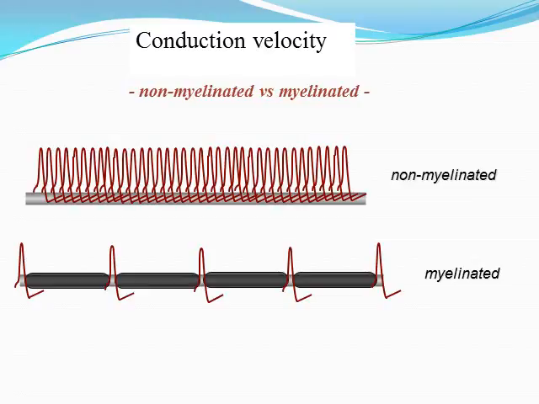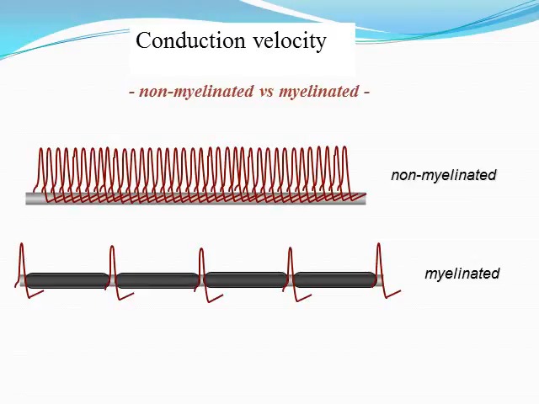I like this diagram because it shows how action potentials would appear, in the way that we are used to looking at them, in a non-myelinated versus myelinated axon. I think it is a very good representation of how you save time and energy, because you're not having gates open as much with myelin.